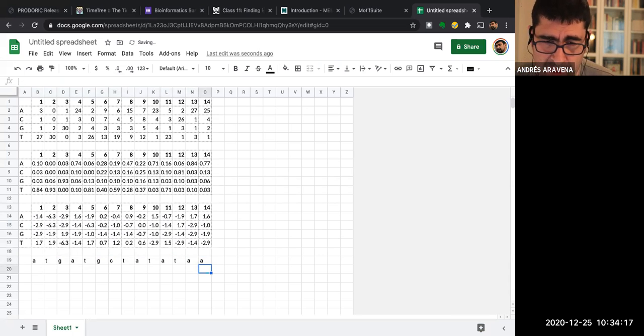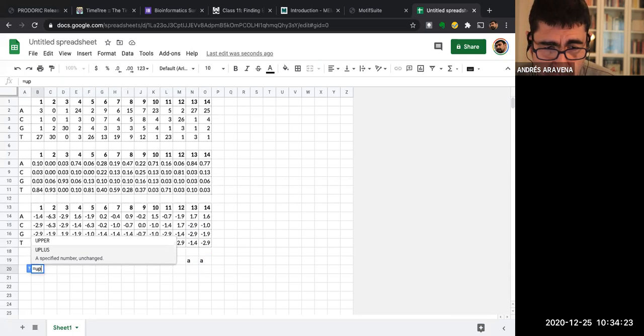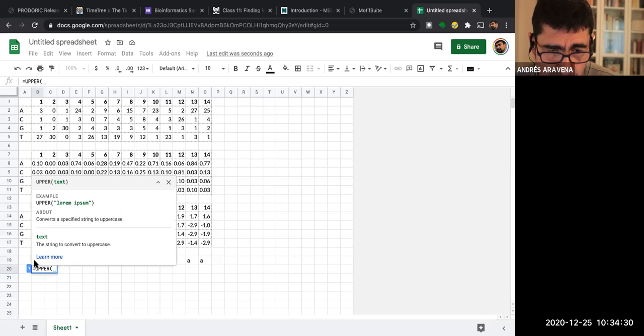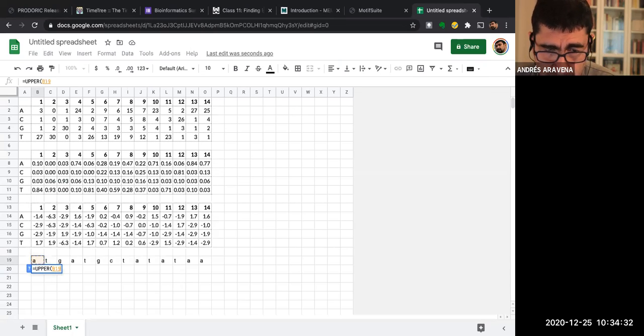I have to make it uppercase. How do we make it uppercase? That is just because I'm too lazy to write pressing shift.